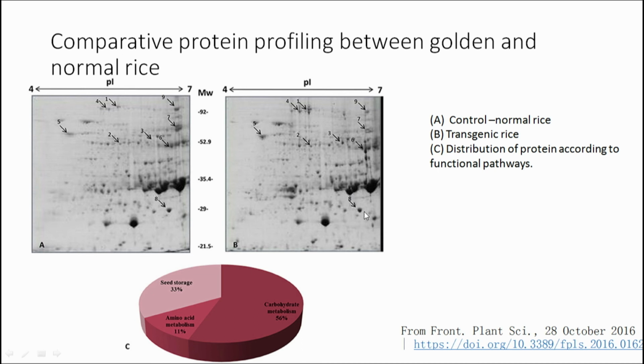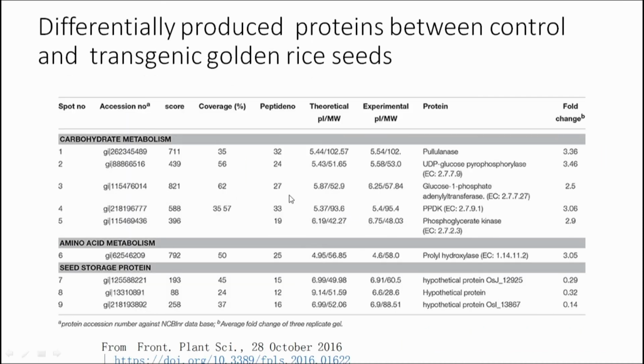So, you know that between a transgenic rice crop and the normal rice crop, what are the different kinds of proteins which are being produced. And today you have very sophisticated tools which will allow you to do that. And here is a list of some of these proteins.